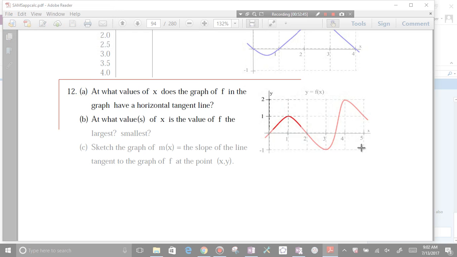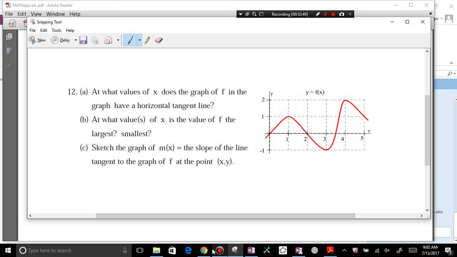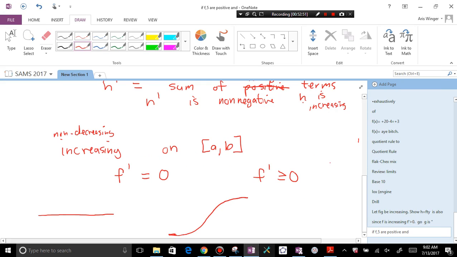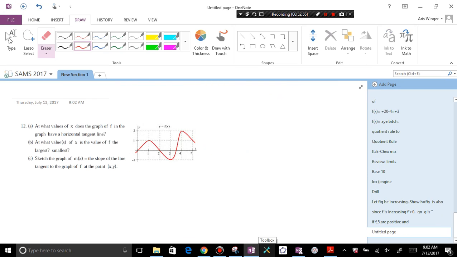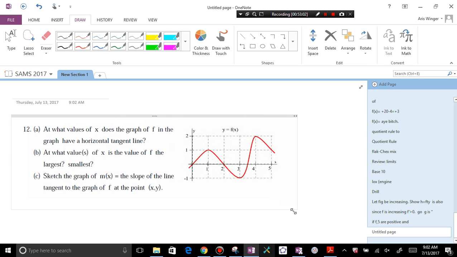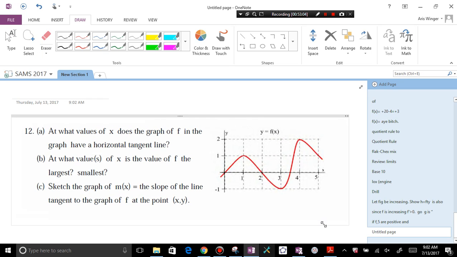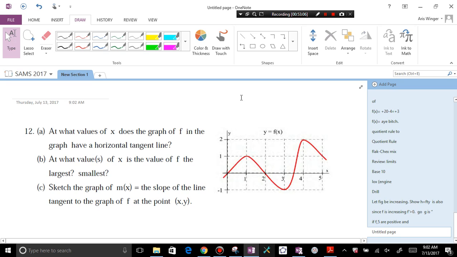Number 12. Again, the book is available to you in the homework system. Let's do number 12.